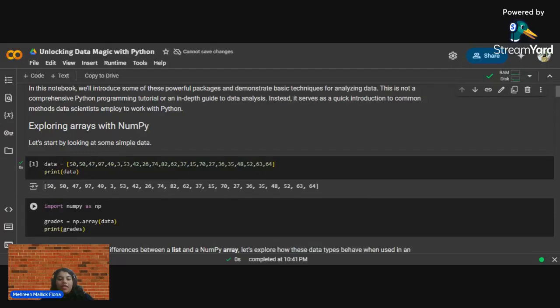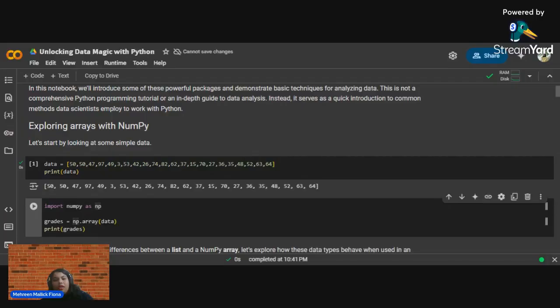Here we can see there are three lines of code. In the first line, we are importing NumPy as np as a short form, so that when we are writing it multiple times, it is an easy call.